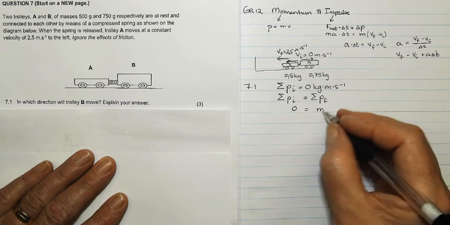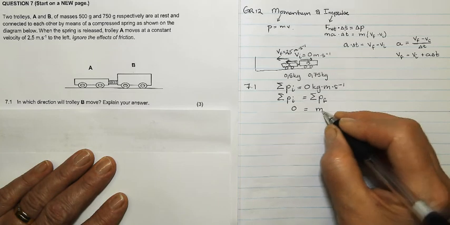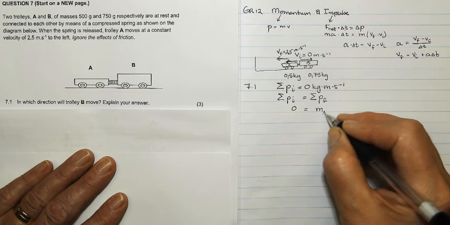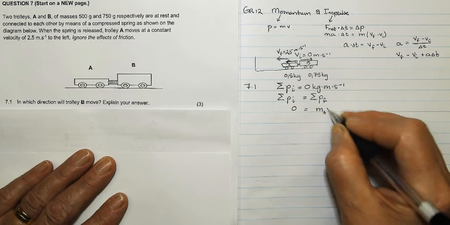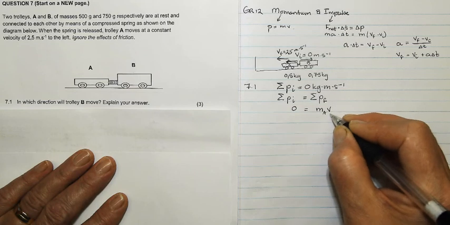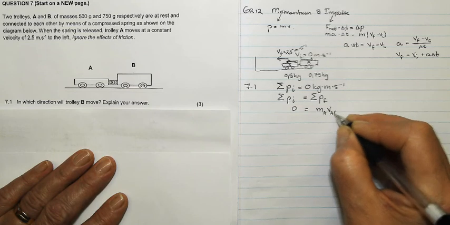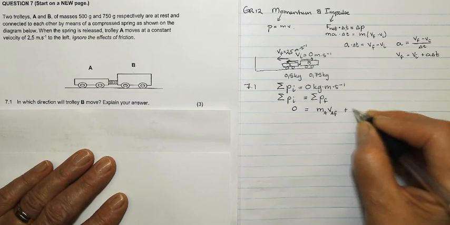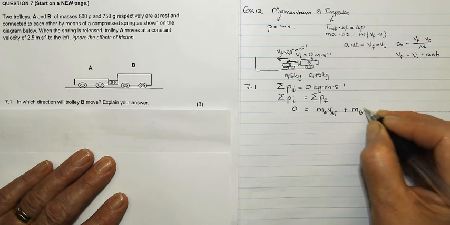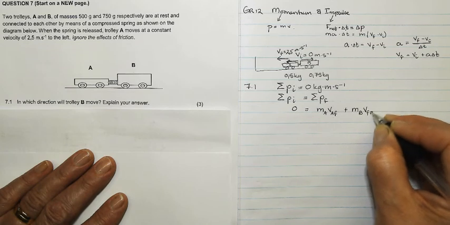So 0 equals the momentum of trolley A, its mass times its final velocity, plus the mass of B times its final velocity.